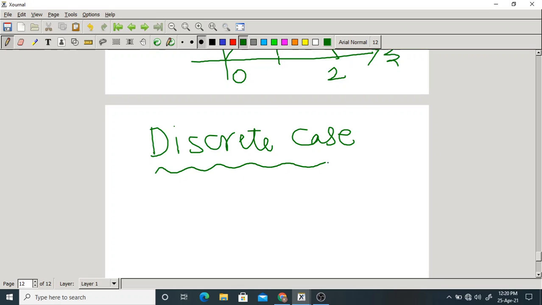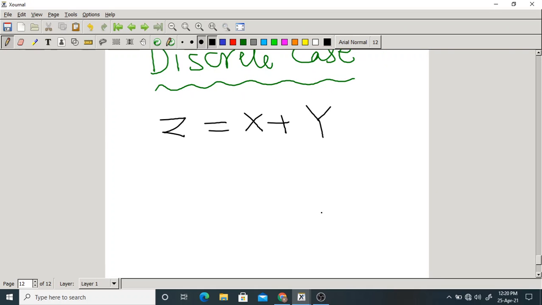If they are discrete random variables, what will happen? Let me take Z equal to X plus Y, where X and Y are discrete random variables. So how to find out? First of all, let me write the CDF of Z, that is F_Z(z).